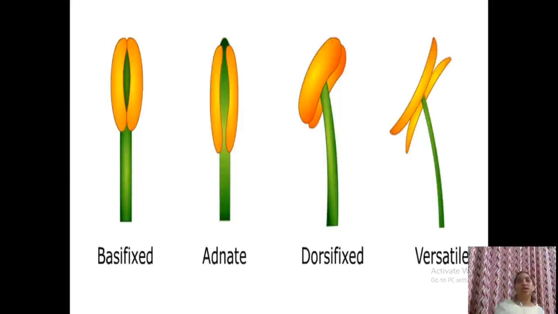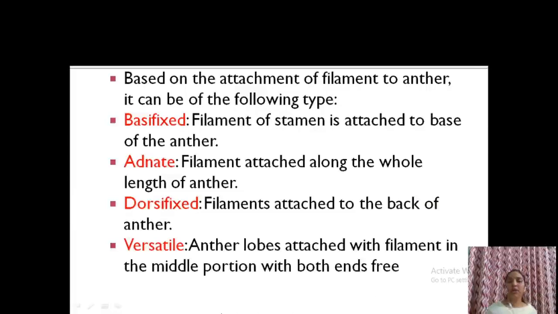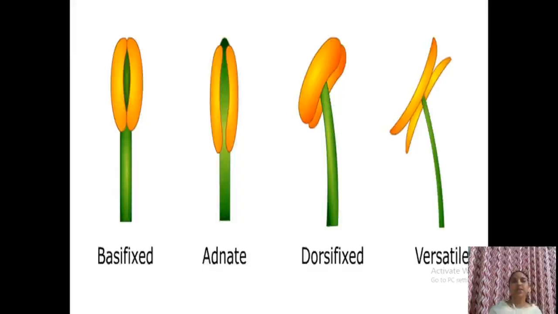Then one more is versatile, where the filament is attached in the middle portion and both ends are free. Clear? See, these are the 4 types. This is the fixed basal portion. What is this? Adnate, the filament attached along the full length. What is this? Back part filament attached, that is dorsifixed. What is this?